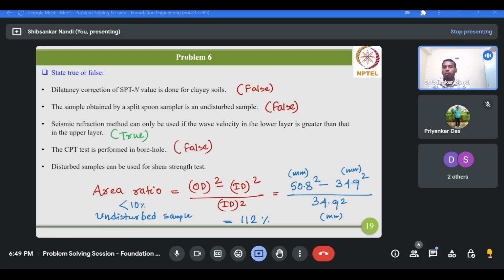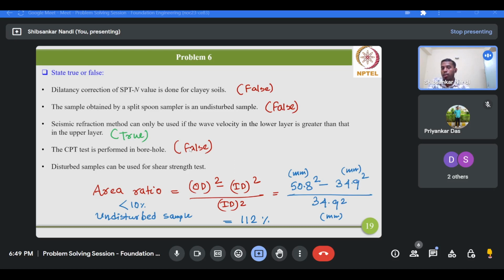Now the final statement: disturbed samples can be used for shear strength tests. This was also discussed in the beginning of this session: what kind of samples are suitable for what kind of test or soil parameters.